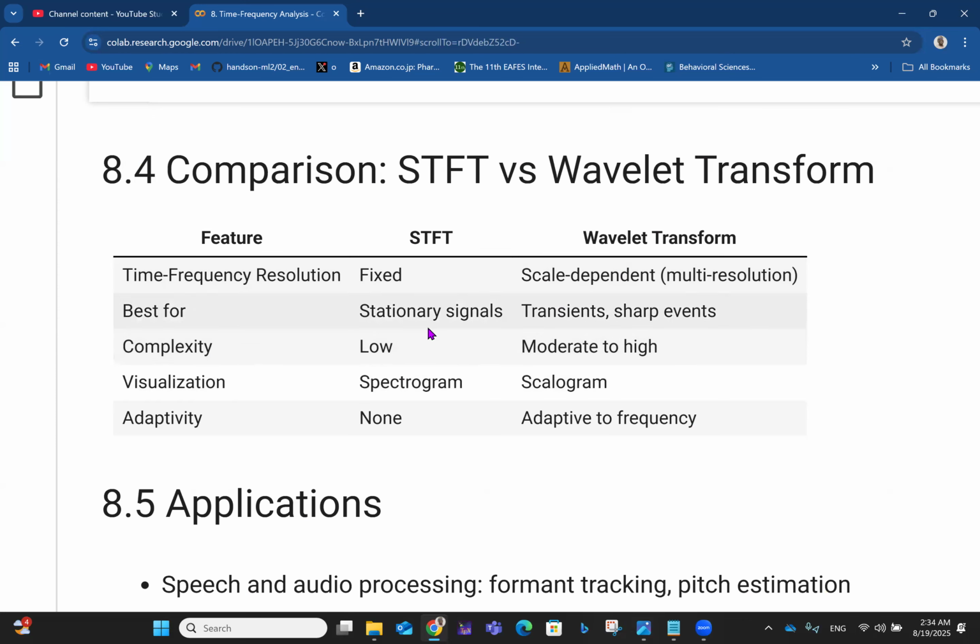For STFT, the complexity is low. For wavelet transform, the complexity is moderate to high. To visualize STFT, use a spectrogram, and to visualize wavelets, use a scalogram, right? STFT has no adaptivity, but wavelet transform is adaptive to frequency.